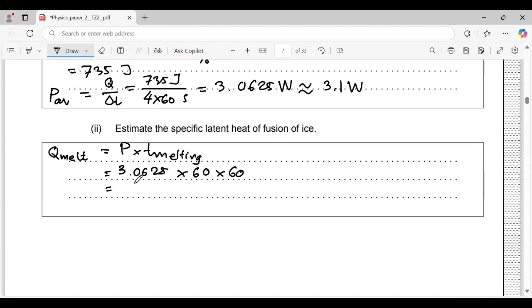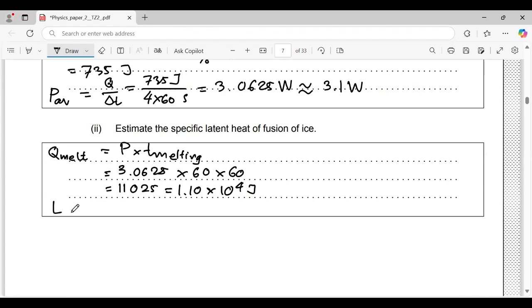If you calculate the result, wait, I will calculate on my calculator. 11,025, or it is 1.10 times 10 power 4 joule.